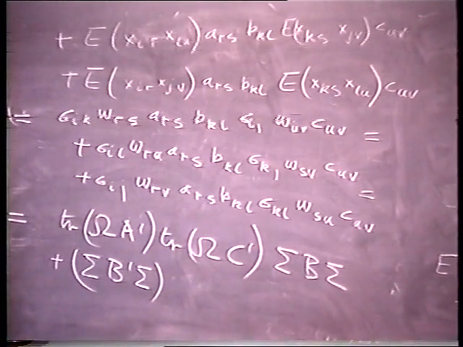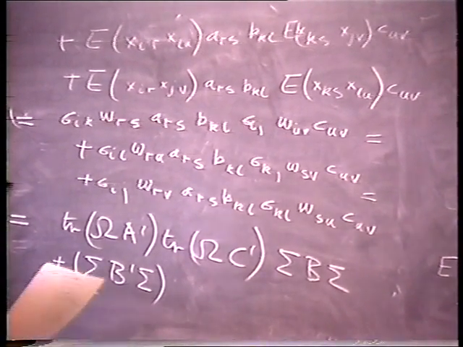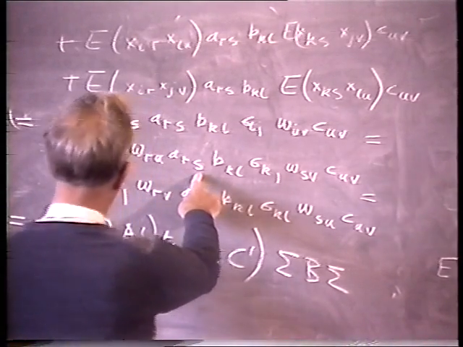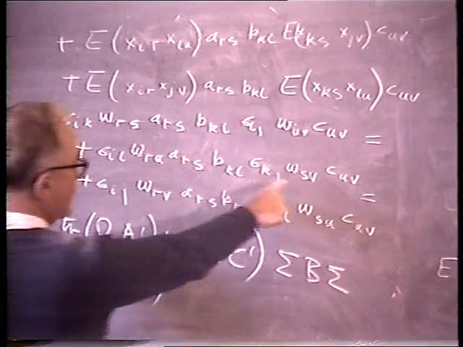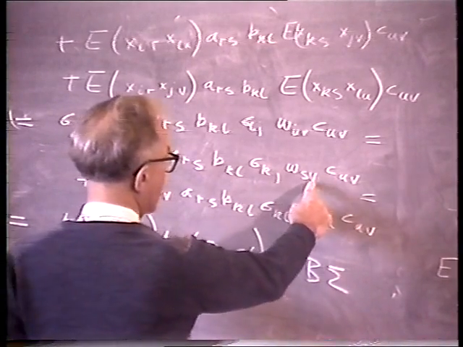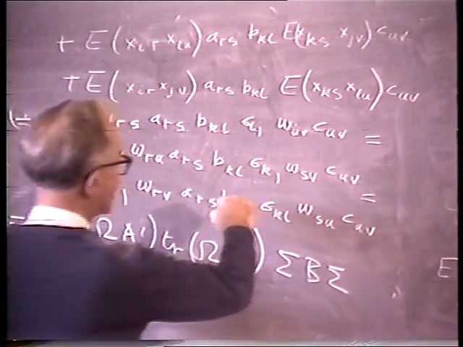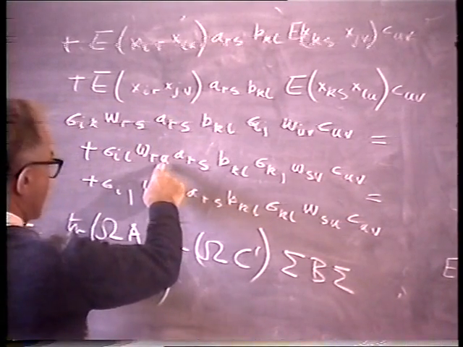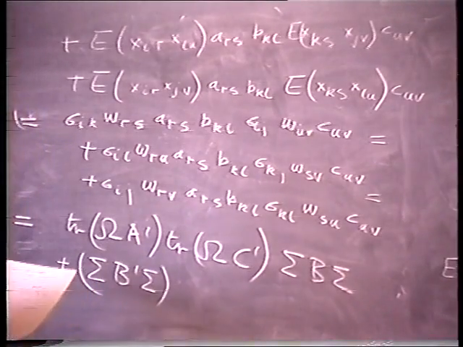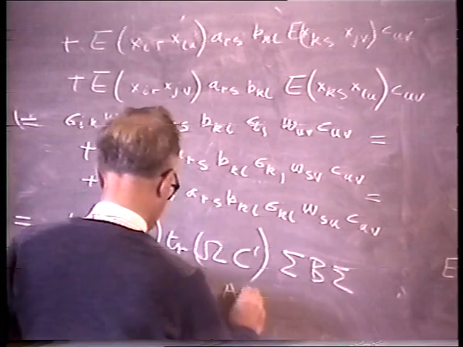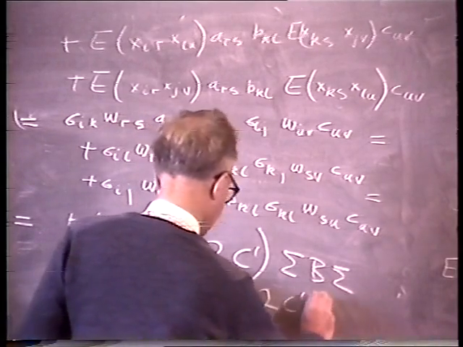The rest of it makes one large trace because it's ARS and then omega SV, then CV mu transposed, and then coming back to omega RU again, and that corresponds to trace A omega C primed omega primed.